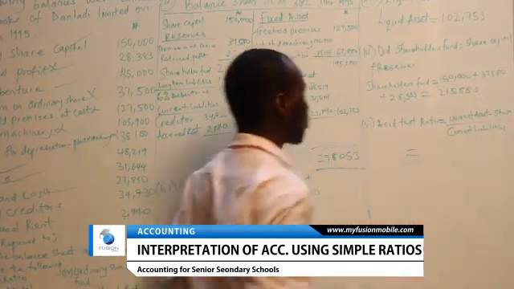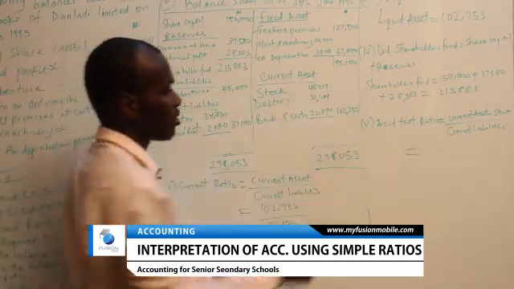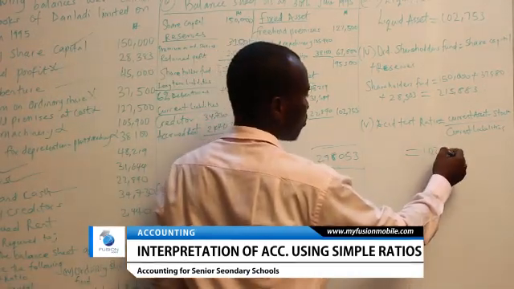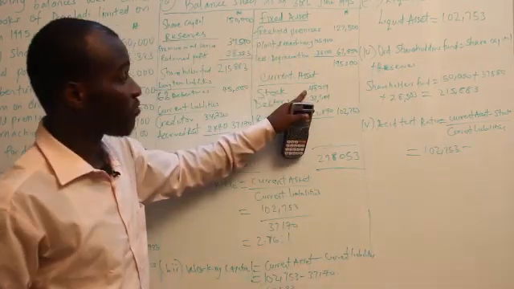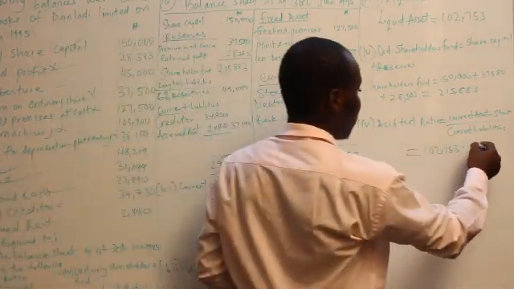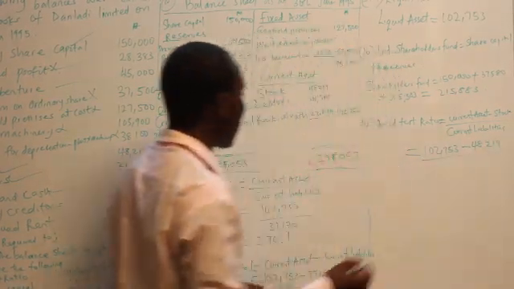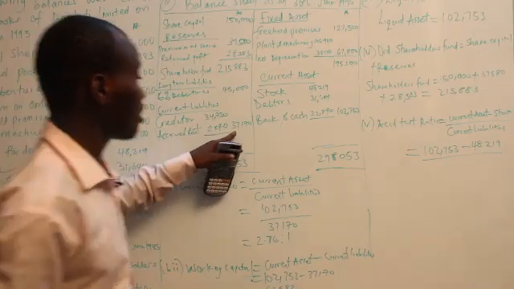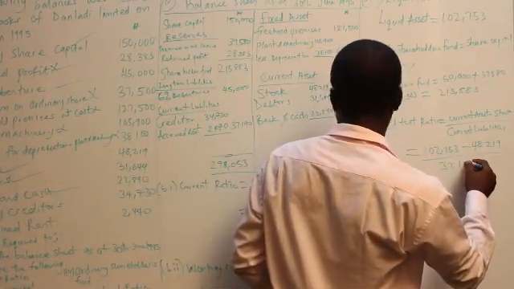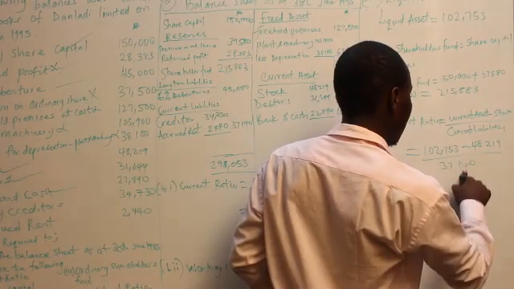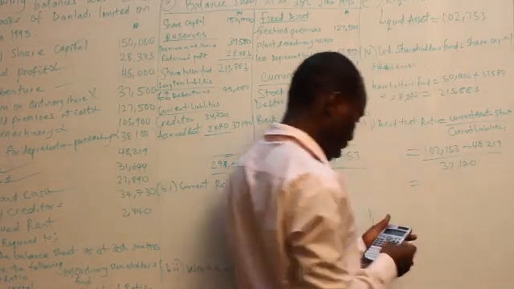Now the current asset is 102,753 minus the stock, which is 48,219, over current liabilities, which is 37,170.